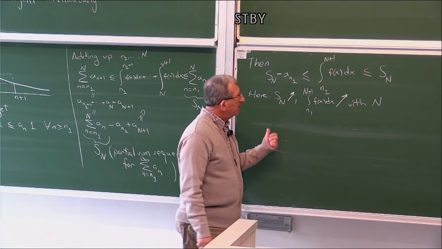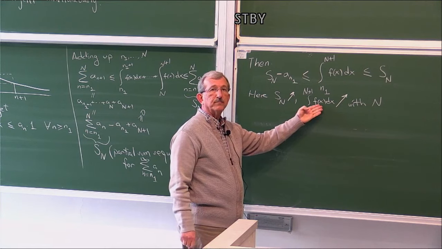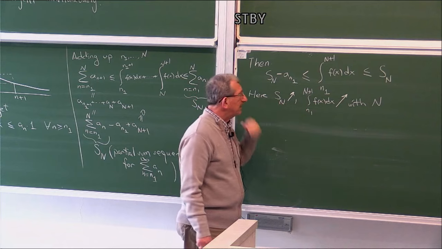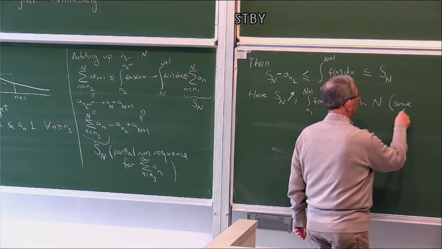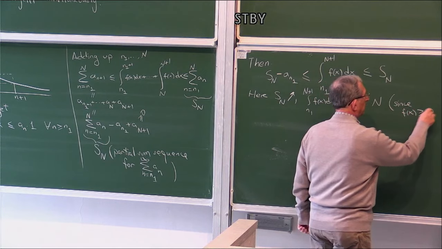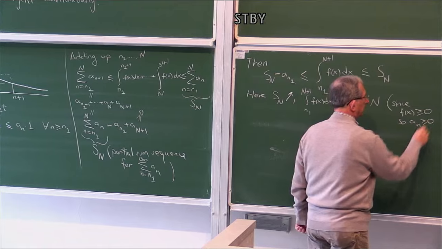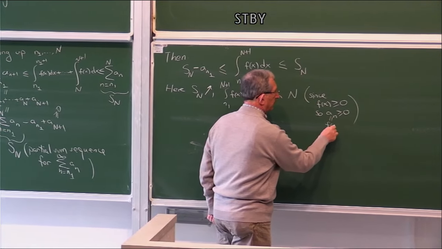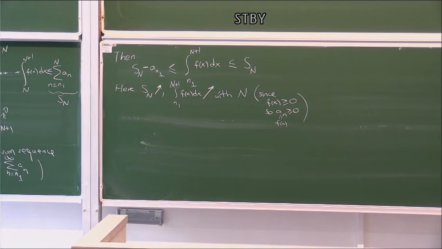Now, why are they increasing? Well, simply because f of x is positive. And also, the same happens to Sn. This is because f of x is positive, so a_n is positive. a_n was f of n, remember. And of course, n is bigger than N1 in this sense.